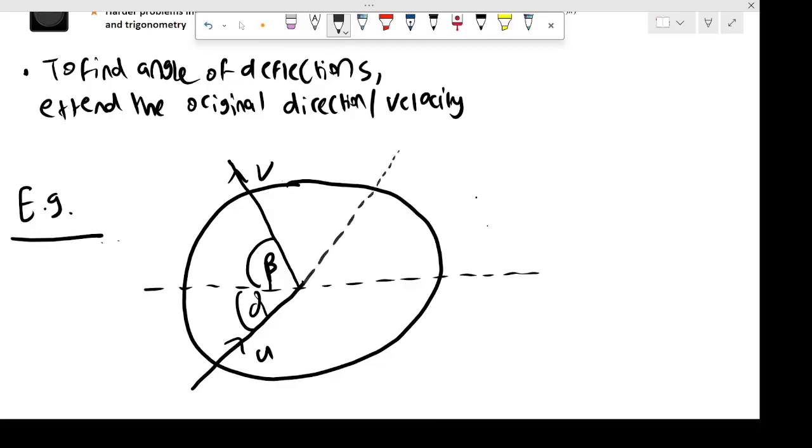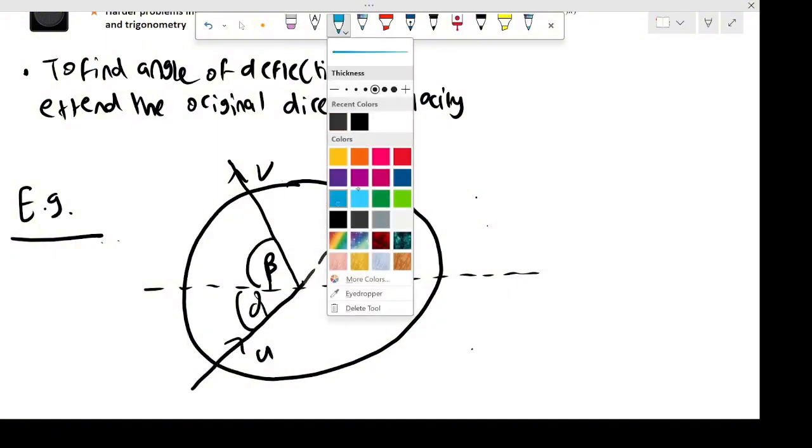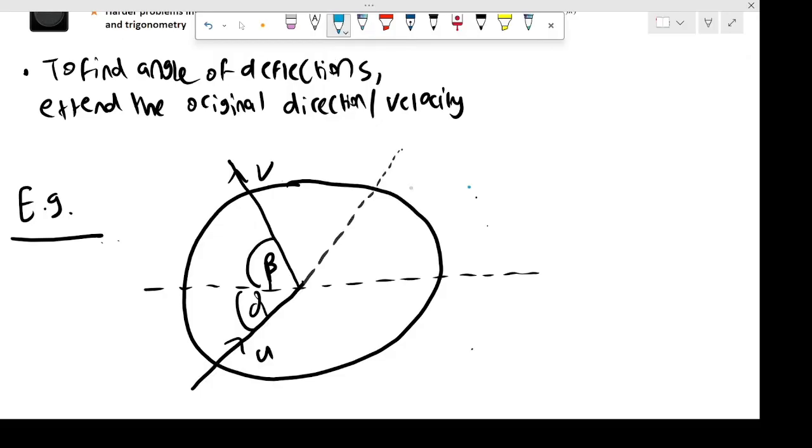Hopefully you can see that. So it's on the same path originally. And so the angle deflection, if I do it in a different colour, is going to be this angle here. This is my angle deflection theta here. Hopefully you can see that, because originally I'm going in that direction, then afterwards I'm going along here, and so I turn there.